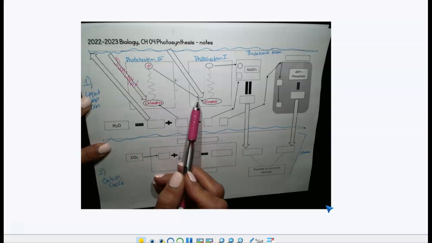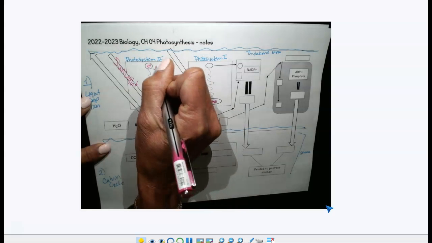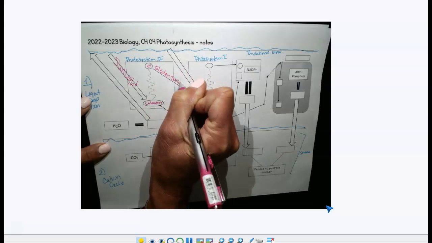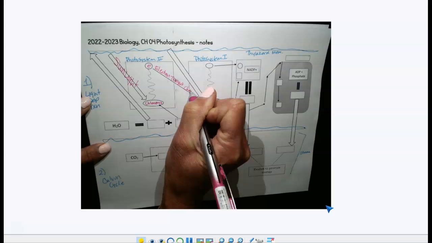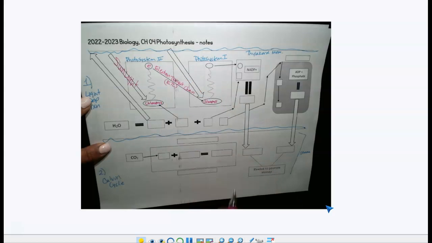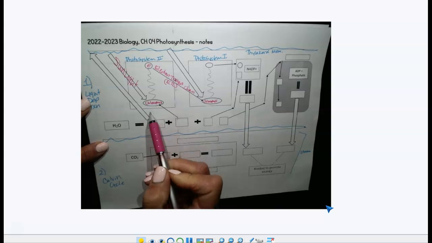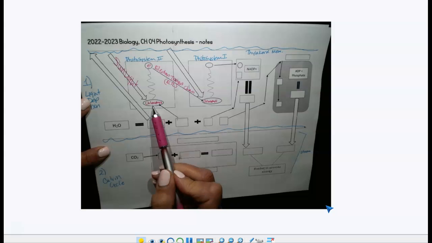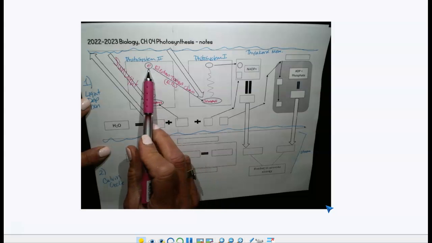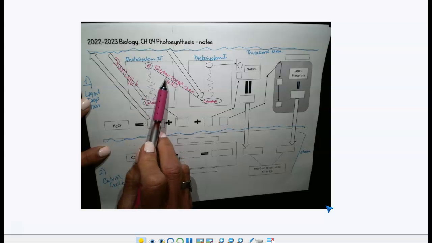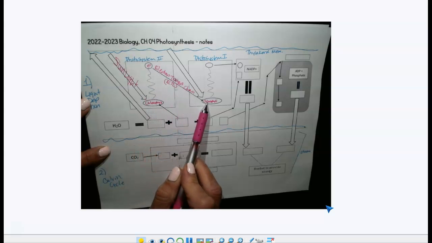This escalator is called the electron transport chain, ETC. So sunlight is absorbed by chlorophyll, its electron gets excited, jumps to a higher energy level, goes down the escalator, the electron transport chain, and then joins this chlorophyll.